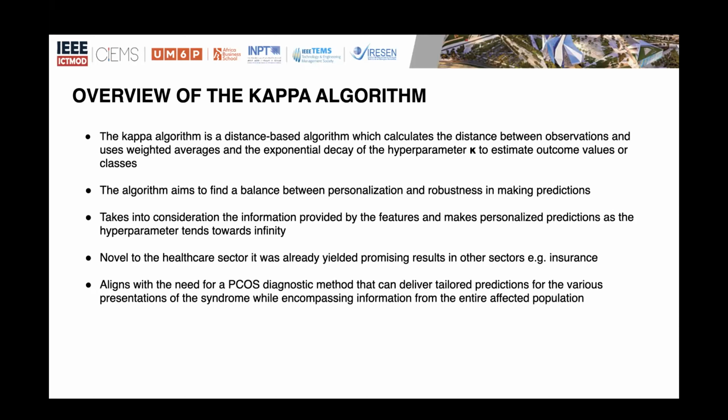Though this approach is new to the healthcare sector, it has already yielded promising results in other sectors, as we've seen Prof talk about, for determining premiums in insurance. Using this algorithm for this study also made sense, since the kappa algorithm aligns with the need for a PCOS diagnostic method that can deliver tailored predictions based on the various presentations of the syndrome, while still encompassing information from the entire affected population.